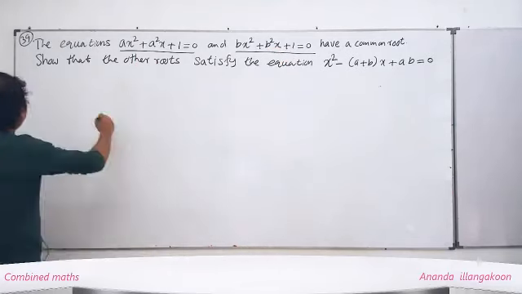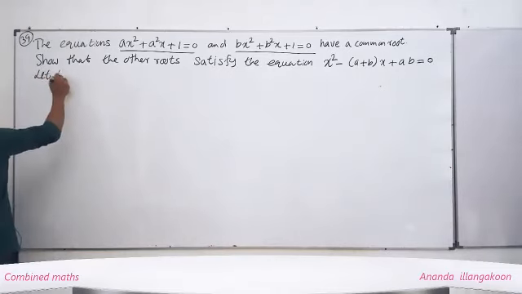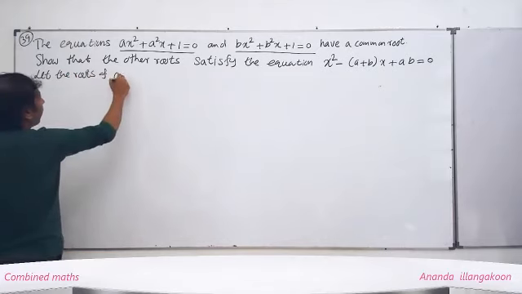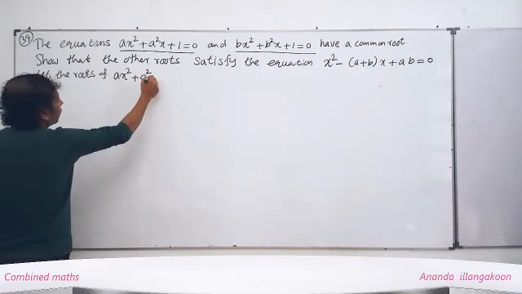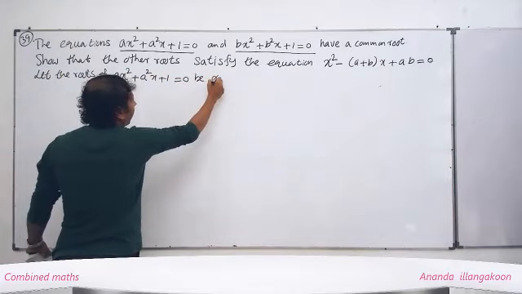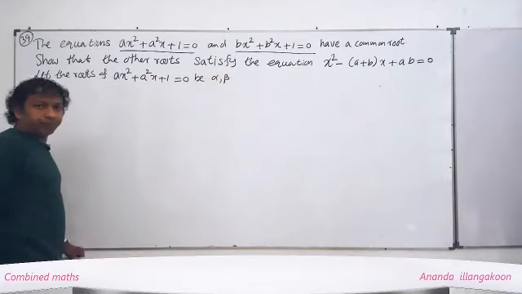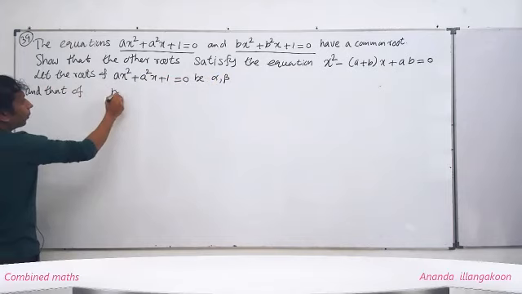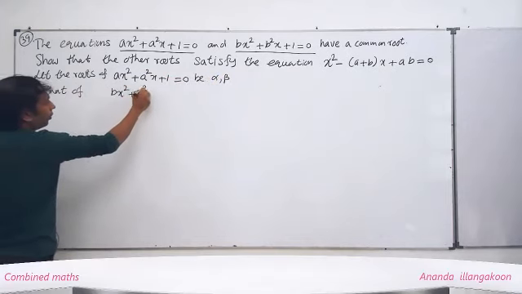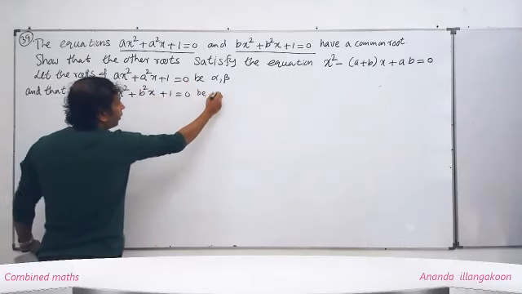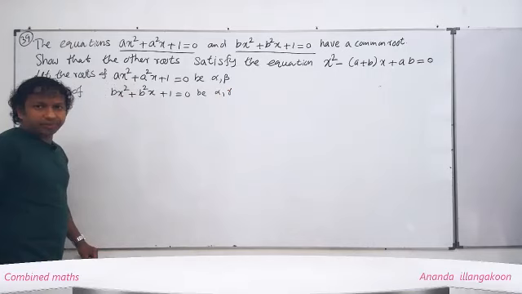Write down like this. Let the roots of ax squared plus a squared x plus 1 equals 0 be alpha comma beta, and that of bx squared plus b squared x plus 1 equals 0 be alpha comma gamma.